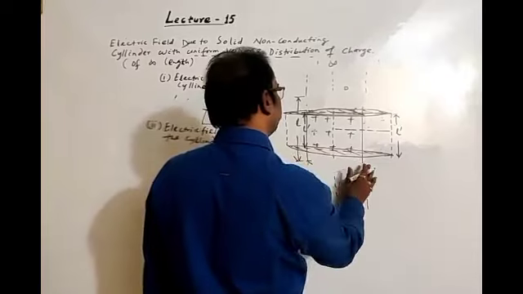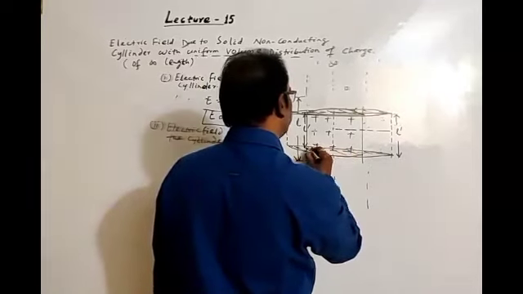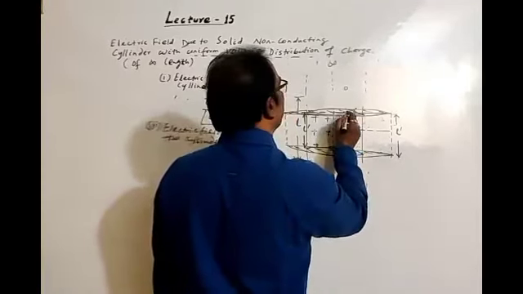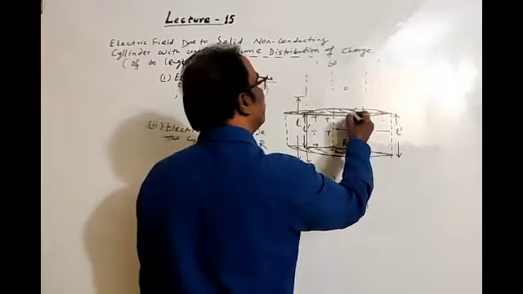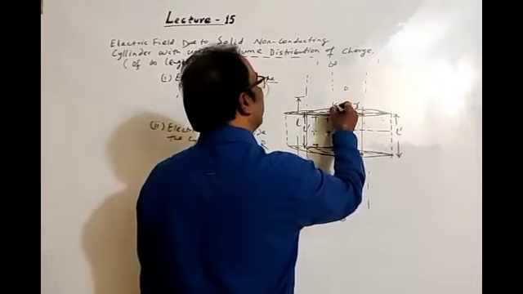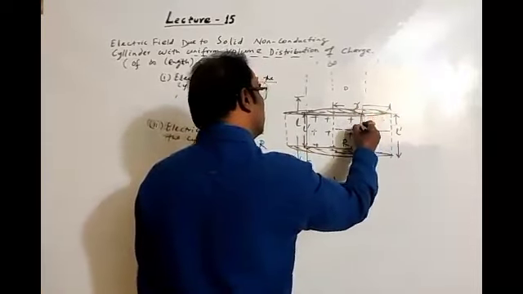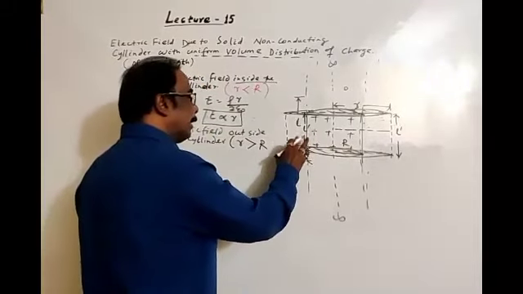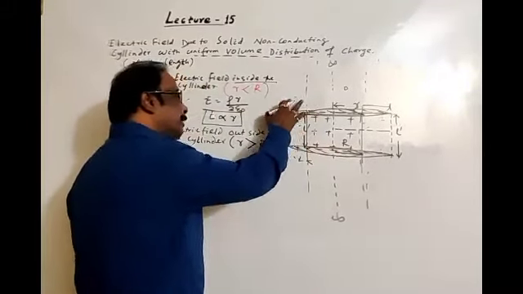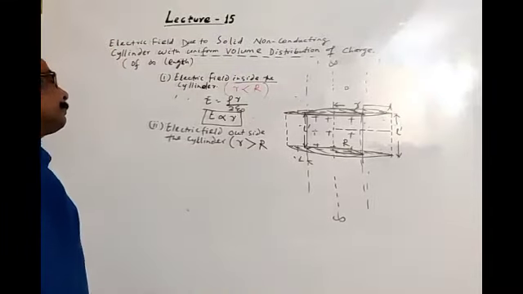The radius of this cylinder is R. This is the total radius R for the Gaussian surface, and this is our cylinder of radius R. We have taken length L. Take the same length to make the calculation easier.